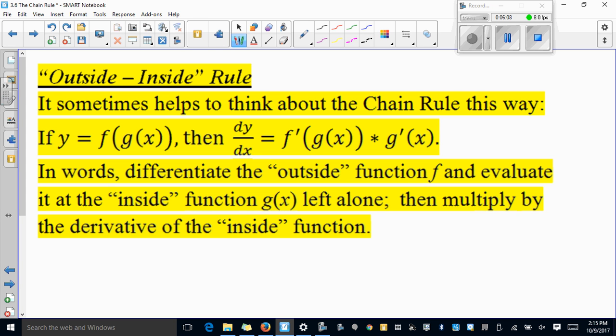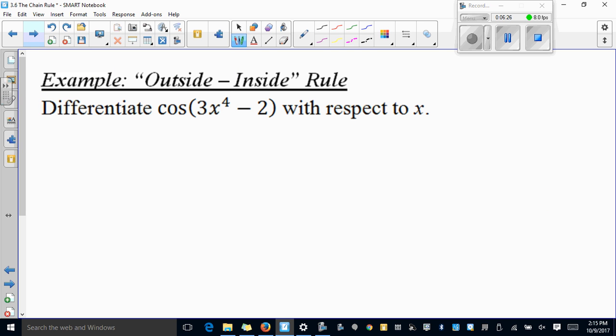So this one would probably be a little bit more helpful in class. But if I want to differentiate cosine of (3x to the 4th minus 2) with respect to x, using the inside-outside rule, the derivative of the outside is going to be negative sine, evaluated on the inside, 3x to the 4th minus 2, times the derivative of the inside, which is going to be 12x cubed.